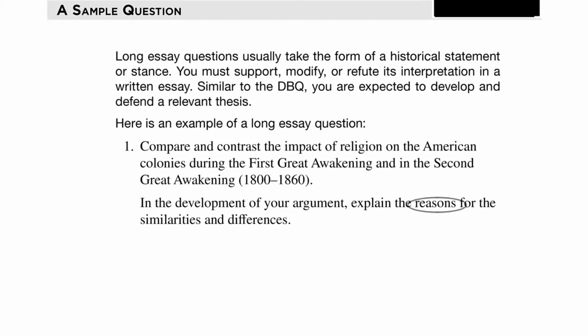So once again, just like we do in the document-based question, we should take some time to just brainstorm ideas. Just write down as many things as you can think of about the first Great Awakening and the second Great Awakening. And obviously, any kind of religion you can think of, which is mostly Protestantism, but maybe different forms of Protestantism that you've heard of.